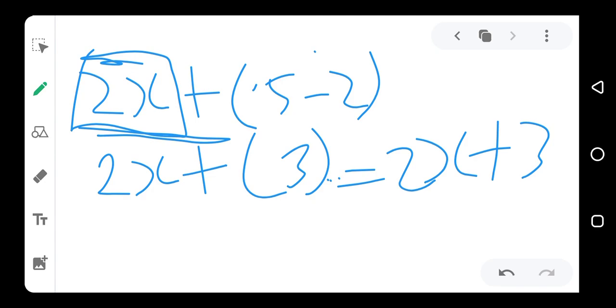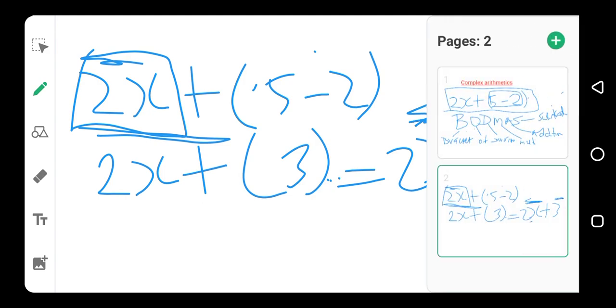But we cannot add them, because this one has x and this one does not have x. You can only add if you have the same thing here and here, that is, if this one also contains x. If they look alike, you can add them. But if they don't look alike, you leave them.